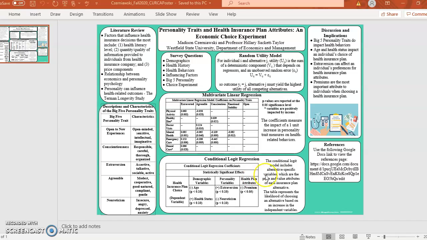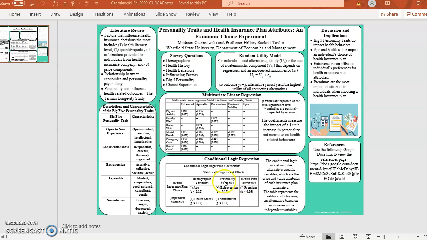And then another part we did was a conditional logit model, which deals with alternative specific variables, which were our price and value attributes of our insurance plans, which consisted of premiums, deductibles, access to emergency care, child specialty care, and a healthy lifestyle discount.